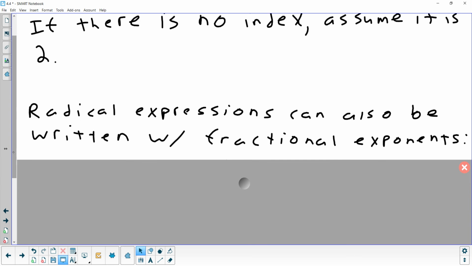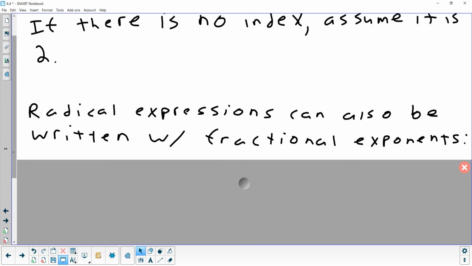And we can take anything that's written as a radical, and we can rewrite it differently without the radical. We can rewrite it with a fractional exponent. Does anybody remember what power is the same as taking a square root?